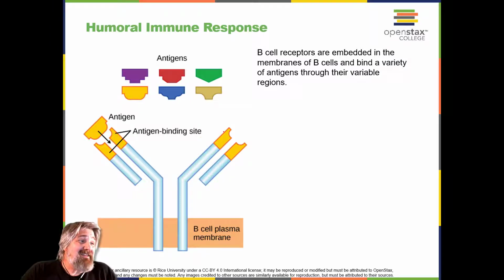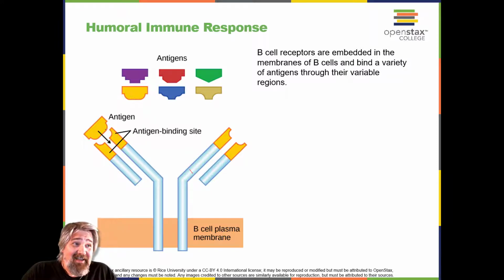But you'll have a binding site. Now initially these are generated randomly by B cells. Random B cells make random antibodies. If they don't bind to something and cause downstream reactions, then they're discarded eventually.